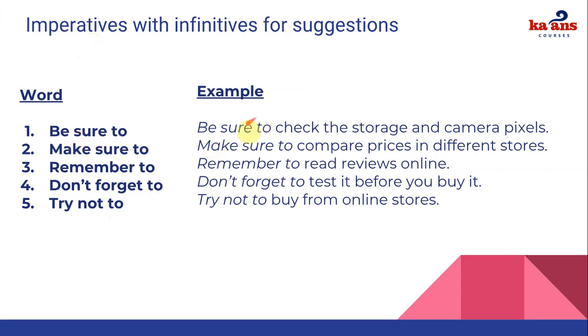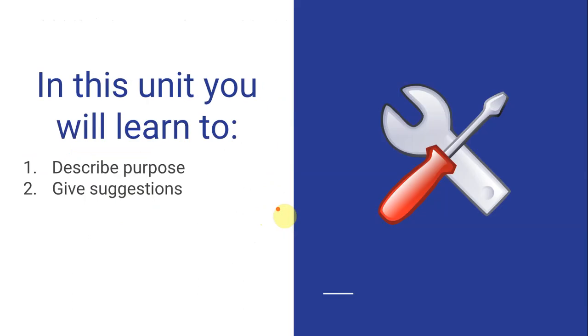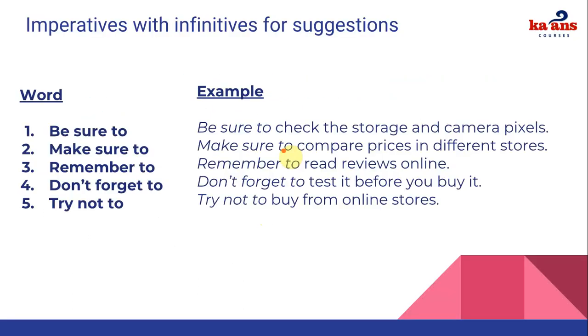In this case, we're going to combine them with infinitives for suggestions. So as you can see, all of them have to check, to compare, to read, to test, to buy. All right, so all of these are infinitives, right? Very similar to the ones we saw here. So it's important that you make the combination of an imperative with an infinitive like here.